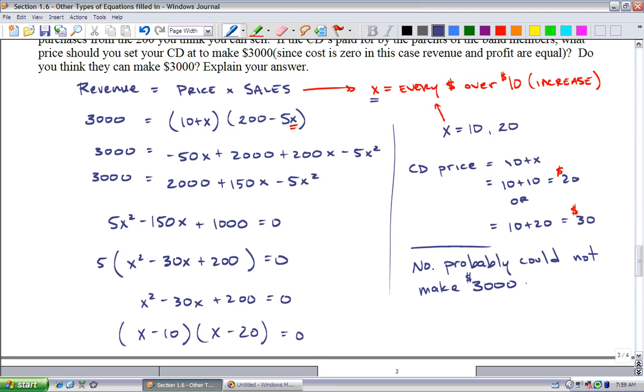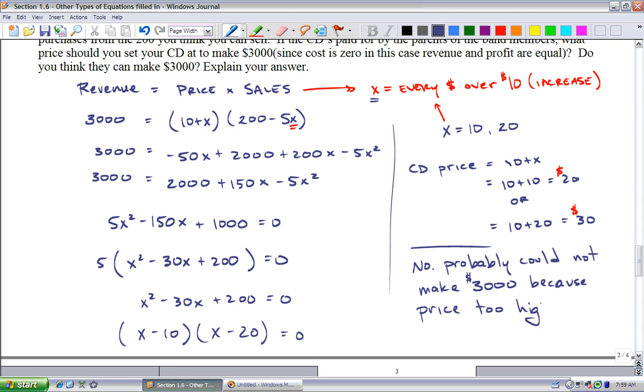Mainly because students probably aren't going to pay $20 for a CD, especially today when one person would buy it and then everybody else would just burn it. So no, because the price would have to be too high.